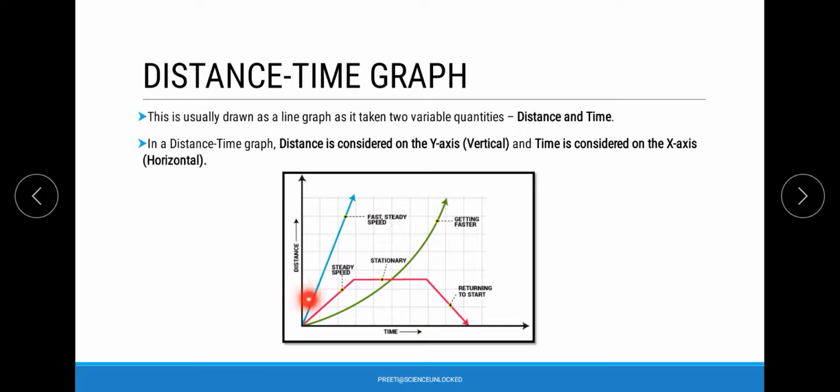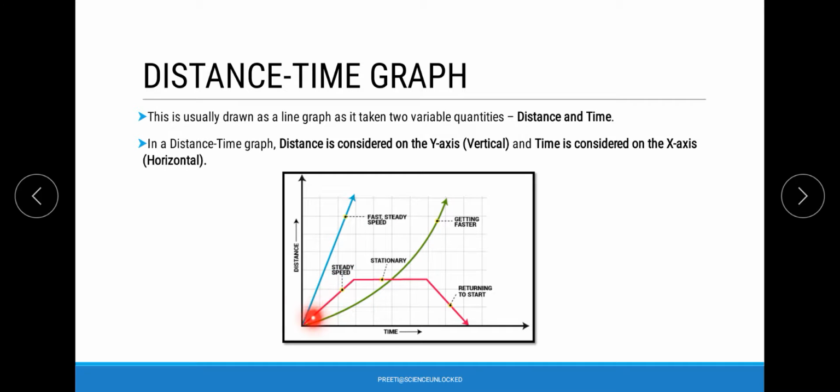So this is what a distance time graph looks like, where the x-axis has time on it and the y-axis has distance on it, and they can represent the different sets of motion observed in different objects. Over here the object is showing a fast and steady speed.